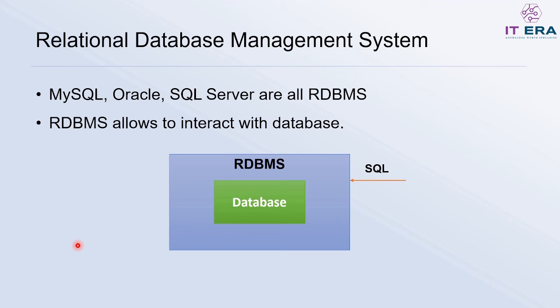When people talk about databases, they are normally talking about the relational database management system. All the popular databases such as Oracle, MySQL, SQL Server are relational database management systems, or RDBMS.